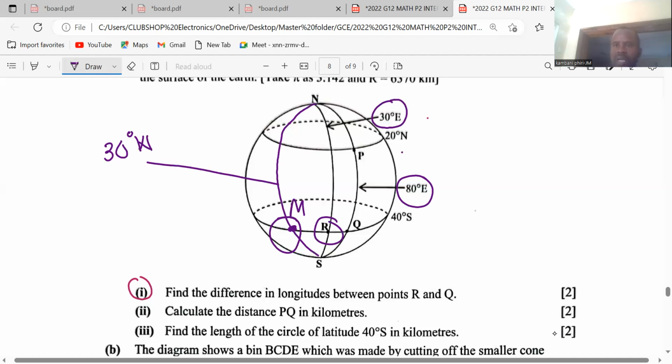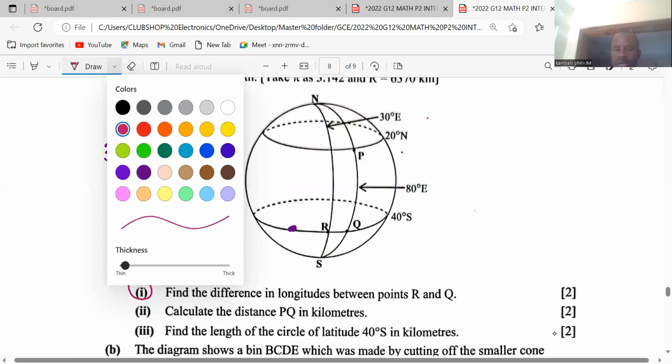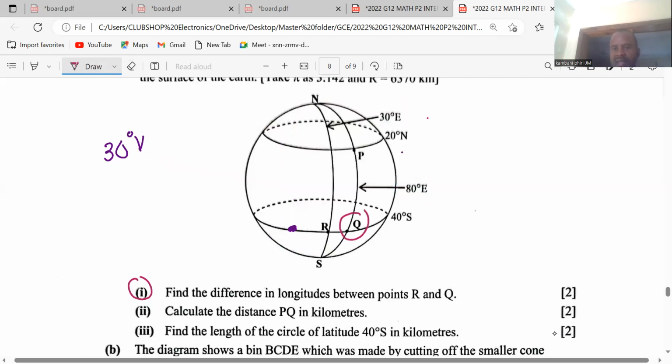In short, the longitude for point Q is 80, which is very far from the prime meridian, and 30 is closer to the prime meridian. So to find the difference, we subtract 30 from 80 degrees.